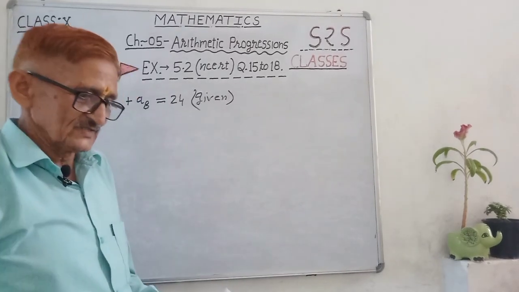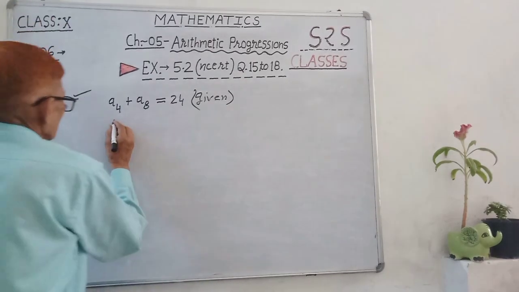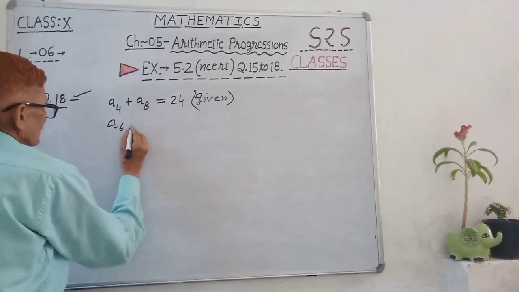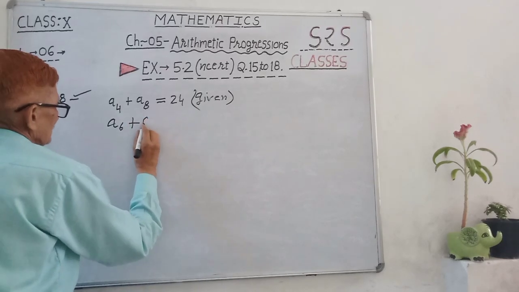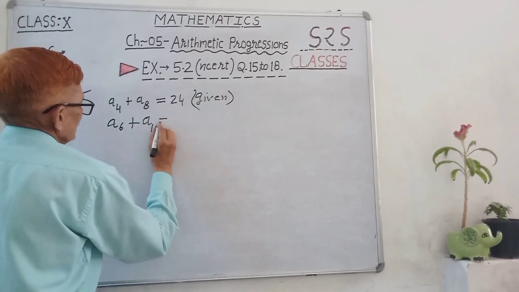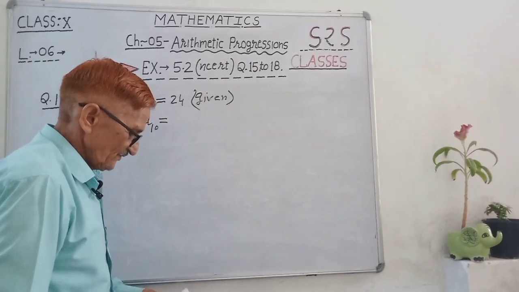And the sum of the 6th and 10th terms is 44.